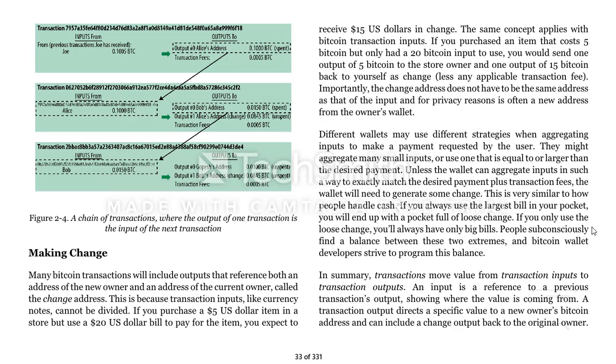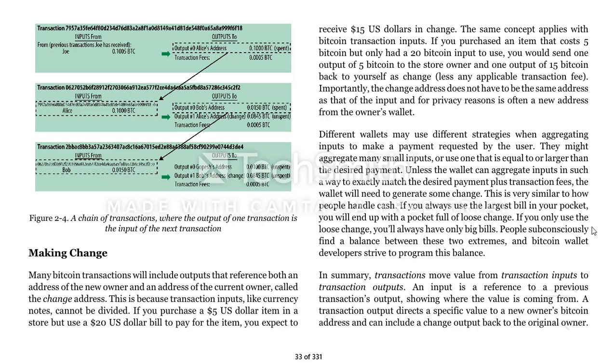The same concept applies with Bitcoin transaction inputs. If you purchased an item that costs 5 Bitcoin but only had a 20 Bitcoin input to use, you would send one output of 5 Bitcoin to the store owner and one output of 15 Bitcoin back to yourself as change, less any applicable transaction fee.